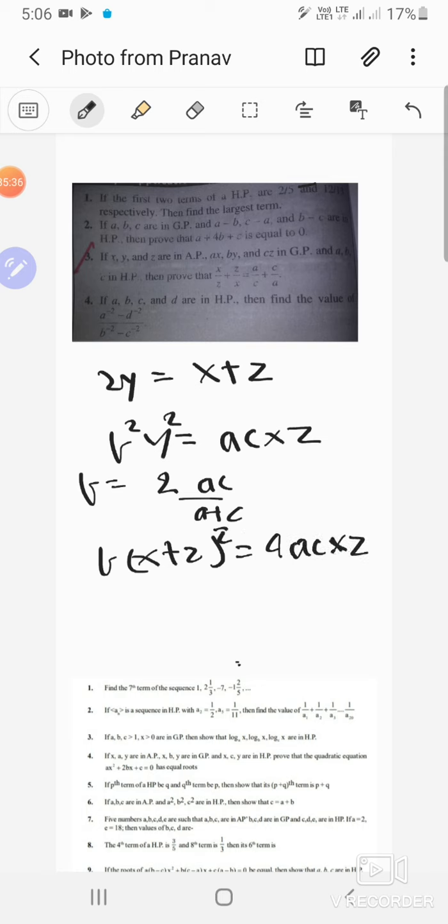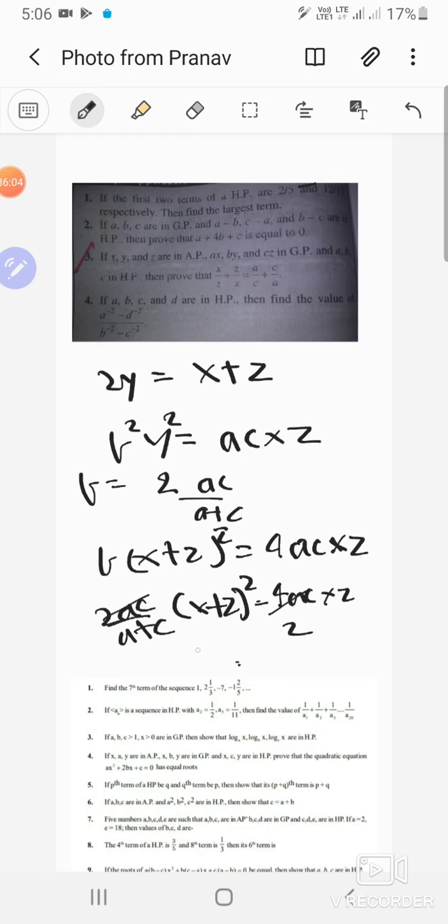Okay, so that will give me something. Fine, but I don't think that will be it, because you will have this extra b over there and there is no b. So maybe you can try substituting this thing. So that gives me 2ac upon a plus c into x plus z squared equals 4acxz. Oh, so 2ac cancels, just have a 2 left over there.